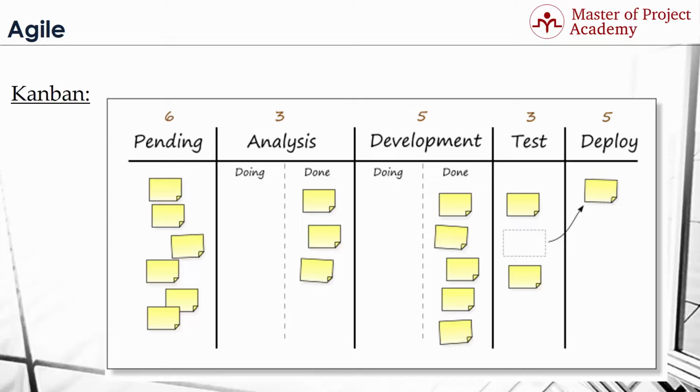The limits are the critical difference between a Kanban board and any other visual storyboard. Limiting the amount of work in progress, abbreviated as WIP, at each step in the process prevents overproduction and reveals bottlenecks dynamically so that you can address them before they get out of hand.